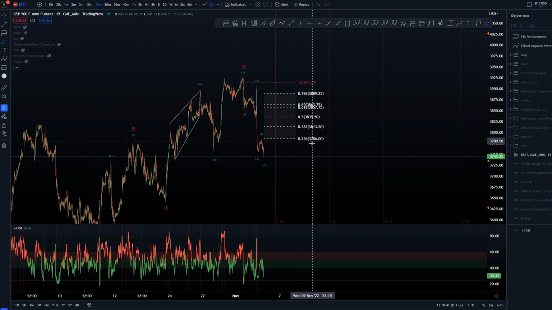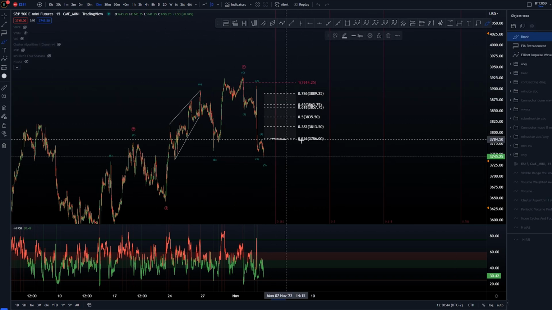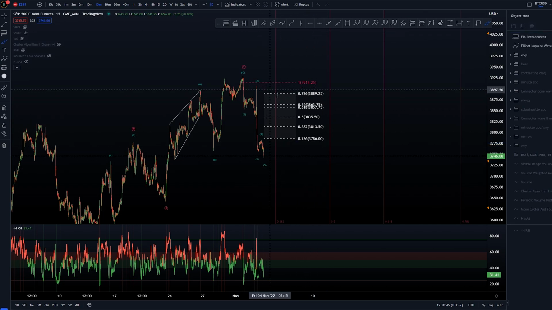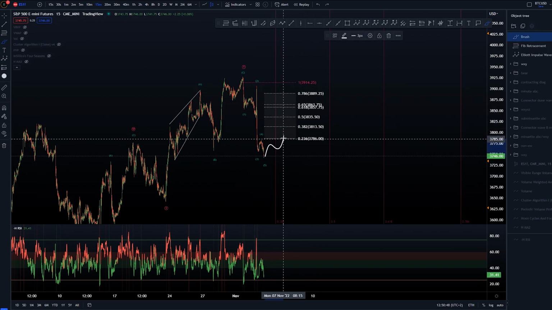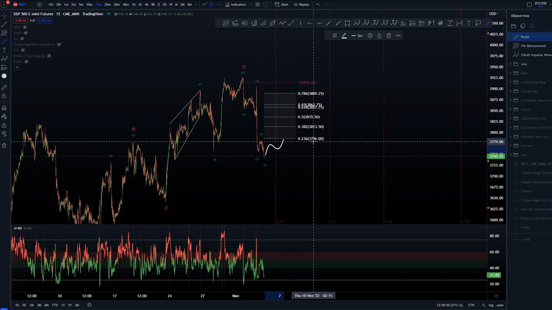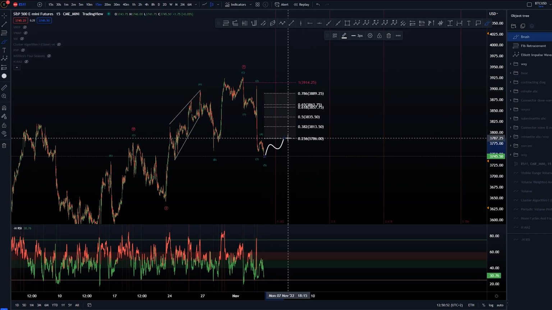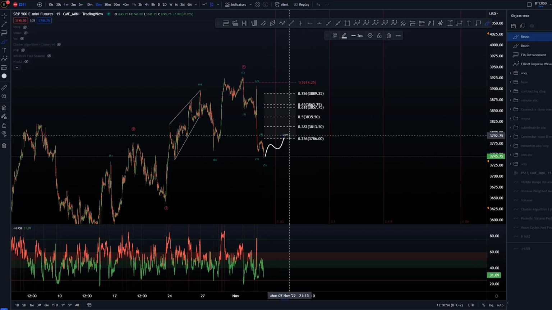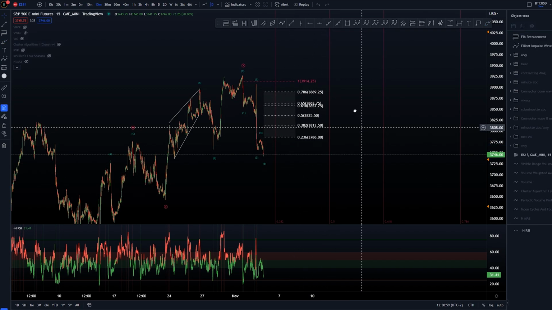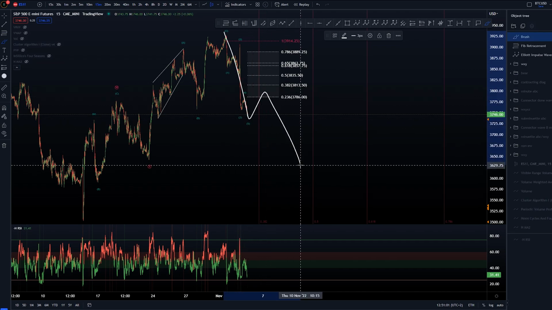That seems to be happening way more often than not. So at least this 23.6 retracement. And if we are getting to that area with a 3-wave structure, then I might be looking at a short setup and very tight stop loss above the highs. And then looking for that A, B and C.